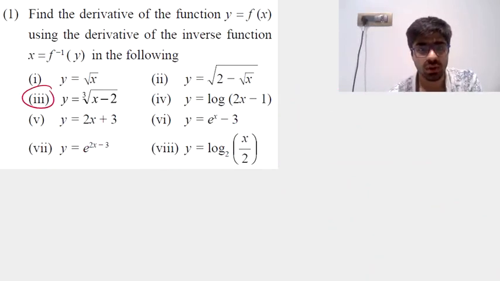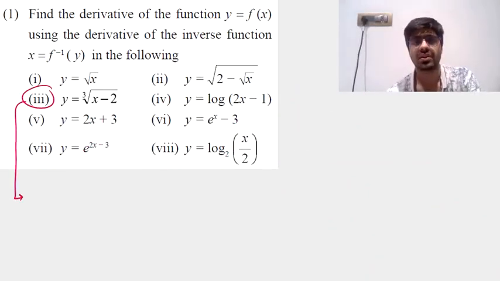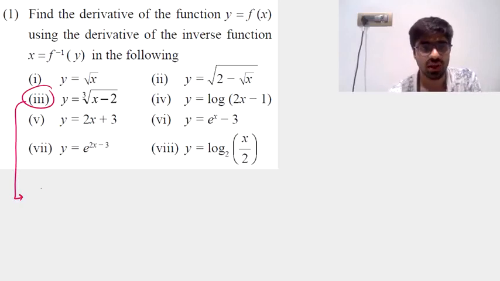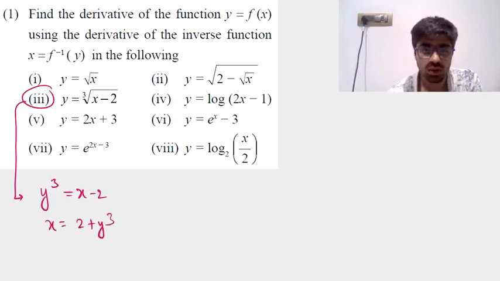Let's continue with the third one. Just keep following the same pattern. Try to bring x in terms of y. So taking a cube on both the sides, we have y cube as x minus 2. So x will be equal to 2 plus y cube. Take a derivative, so dx upon dy is going to be 3y square.